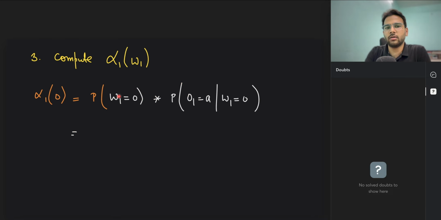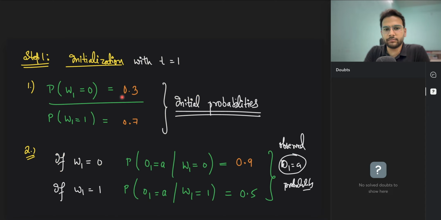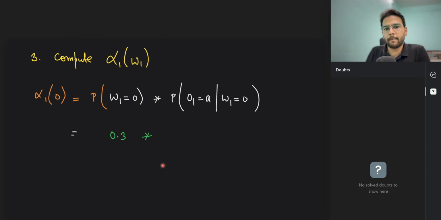So we can write here 0.3. Okay, and what is this value? O1 is equal to A, W1 is equal to 0. That is 0.9. So you will be getting 0.27.